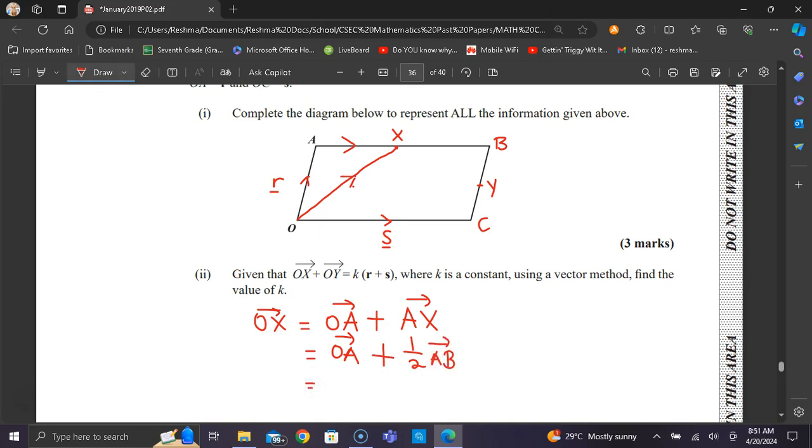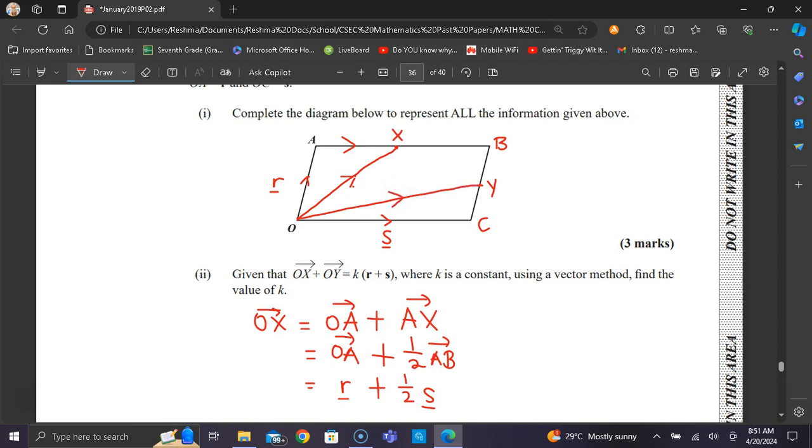So OA is R and a half of AB. Remember we said AB is parallel to OC, so therefore AB is equal to S. So a half S. Alright, so therefore OX is R plus a half S. So let's find an expression for OY now.